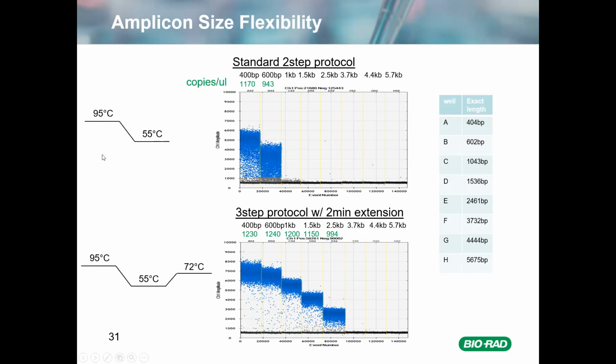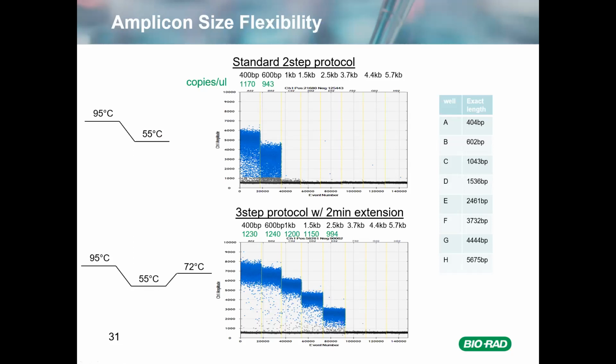In some sense, this is your qPCR protocol, and this would be your traditional PCR protocol. All that we've done here is add more time for the enzyme to complete the amplicon. That allows us to push our amplicon size all the way out to 2.5 kb, where we've increased the fluorescence and significantly reduced the rain. So now we can start looking at larger amplicons.